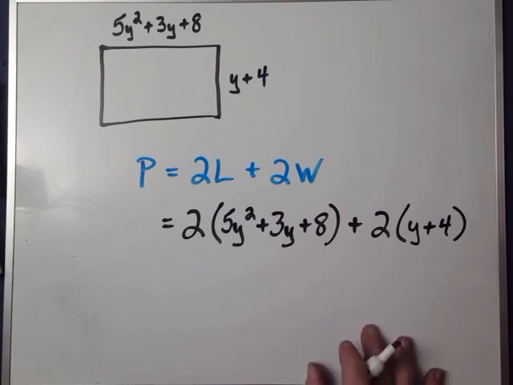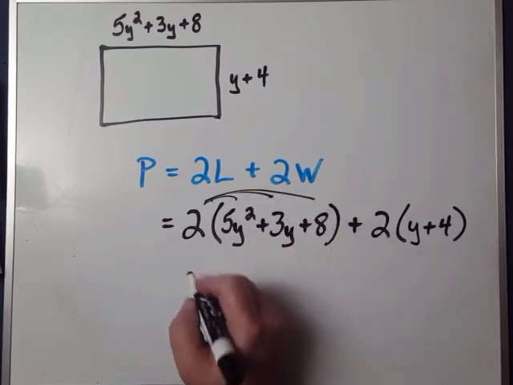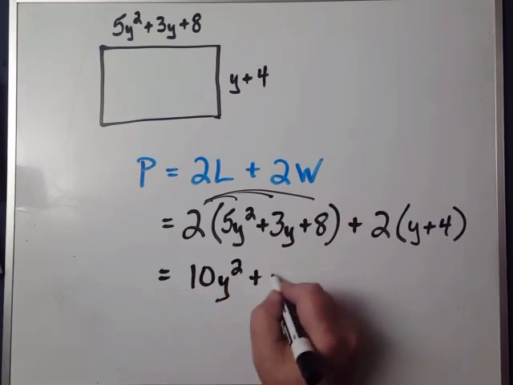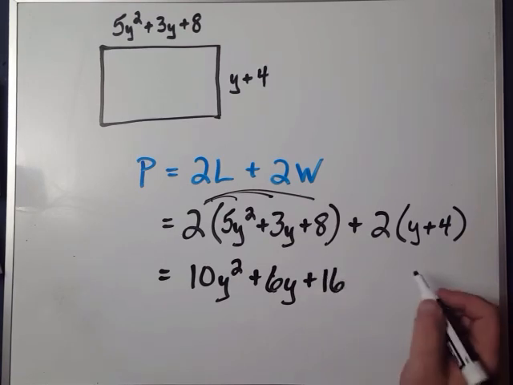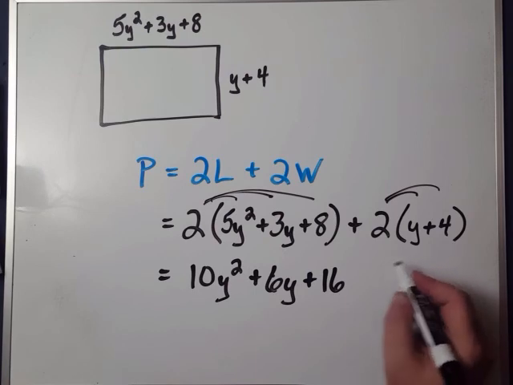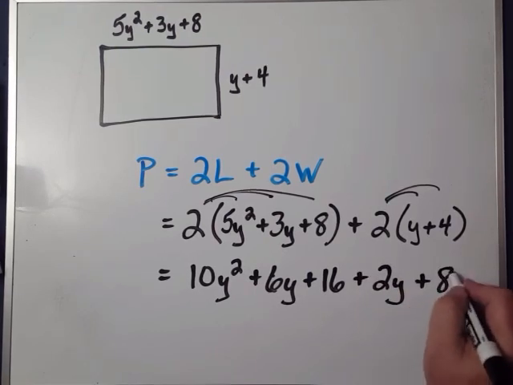And now simplify. Well, I need to drop these grouping symbols. To remove the first set of parentheses, I'll distribute this 2. So that gives me 10y squared plus 6y plus 16. To drop the second set of parentheses, I'll distribute that 2. Plus 2y and plus 8.